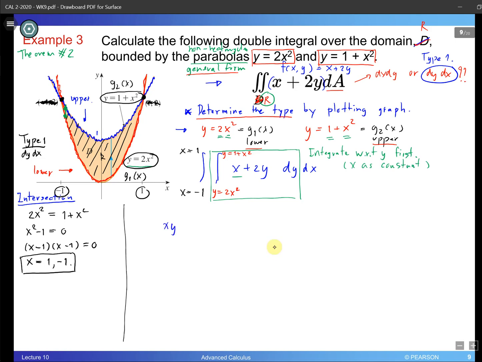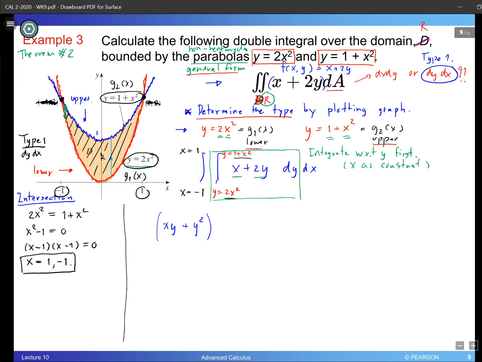Integrate this with respect to y, we get 2y squared over 2. The 2 cancels with this 2 right here, it's going to be y squared. Okay, so plus y squared. And since this is a definite integration, we are supposed to evaluate this term at two values of y, which is 2x squared right here, and 1 plus x squared right here.